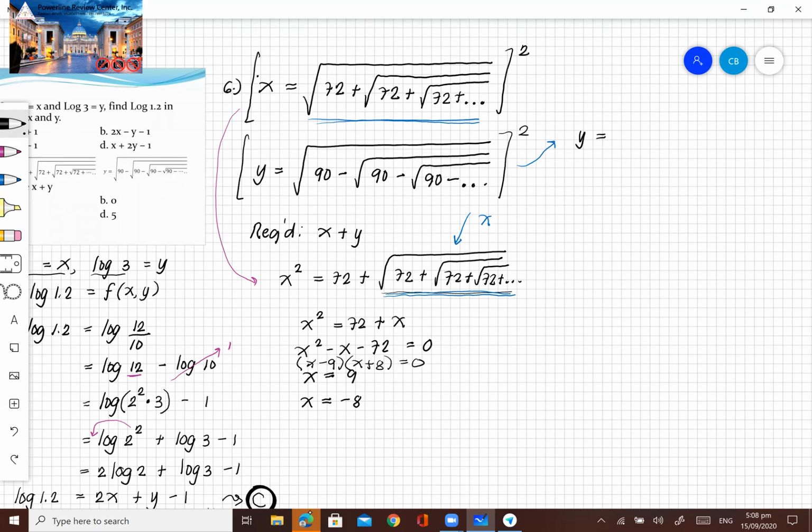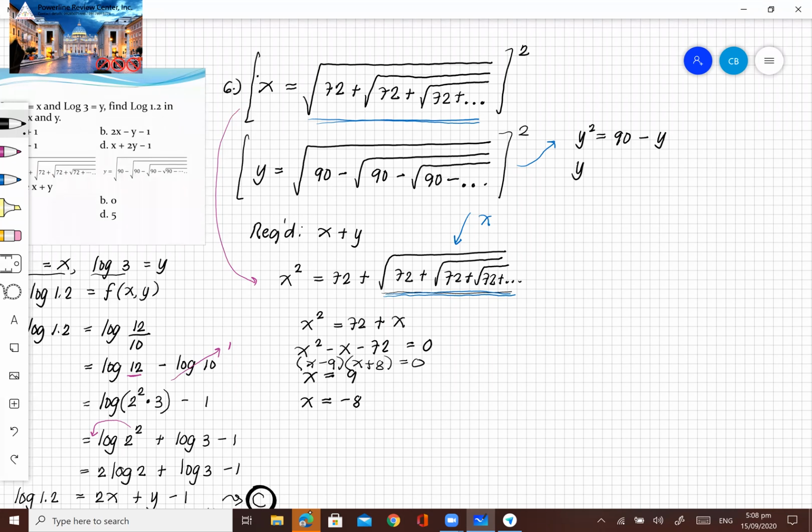Okay? Then this is 90 minus. So same approach. So I don't have to rewrite again the equation, which concludes now after squaring, the remaining will be still y. Okay? Nawala yung squared ko. So y squared equal 90 minus y.